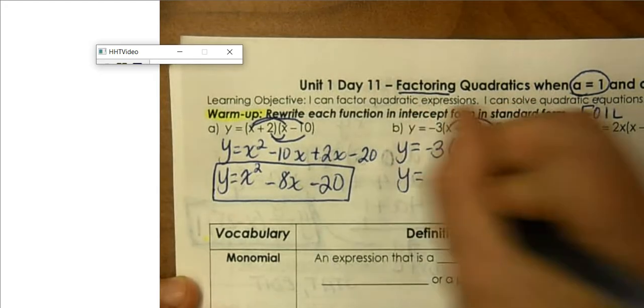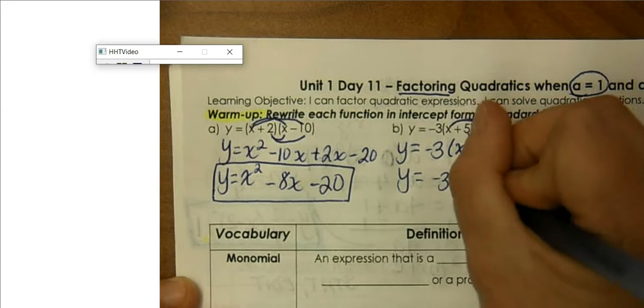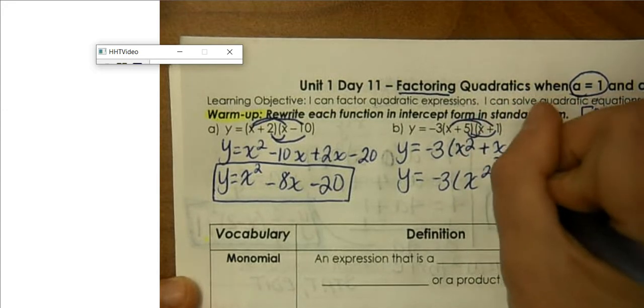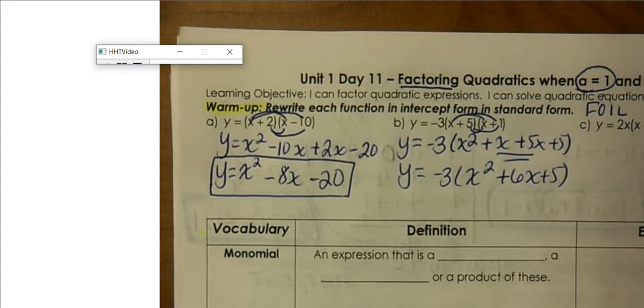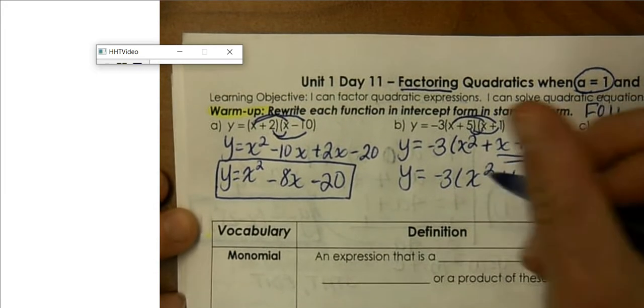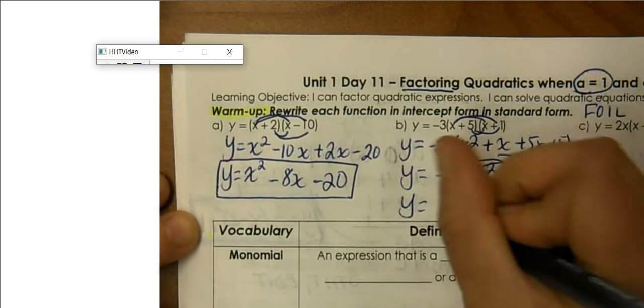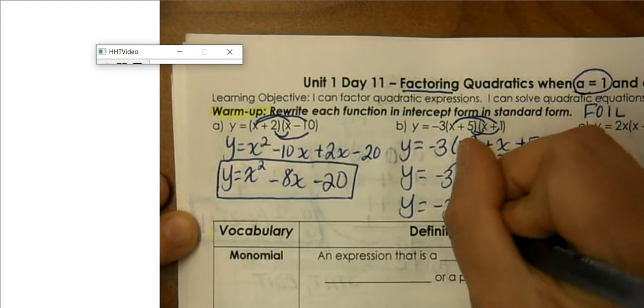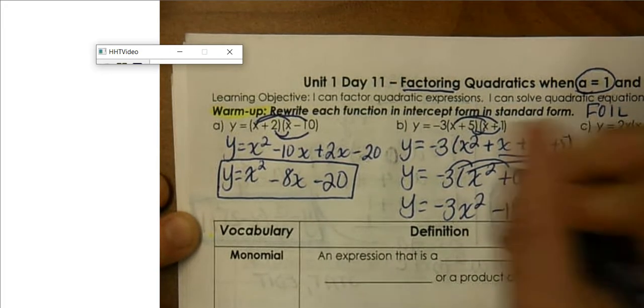Combining my like terms, I have negative 3 times x squared plus 6x, and then plus 5. I'm almost done. I need to get rid of my parentheses in order for this to go into standard form, so I'm going to distribute the negative 3 to every single term to obtain a final answer of negative 3x squared minus 18x minus 15.